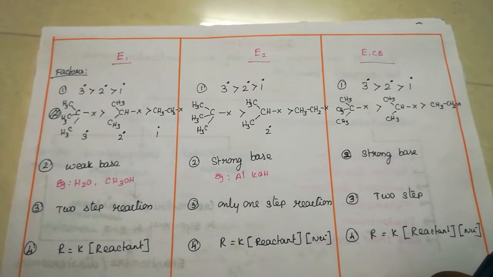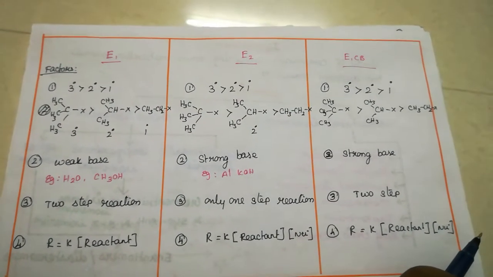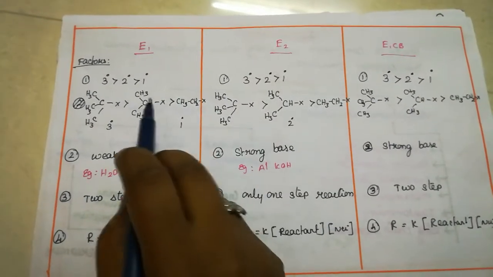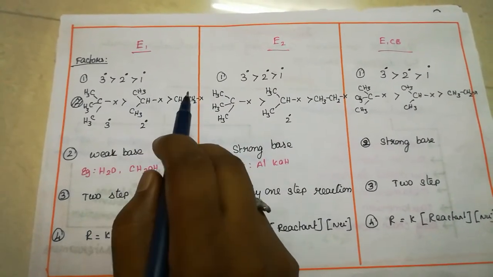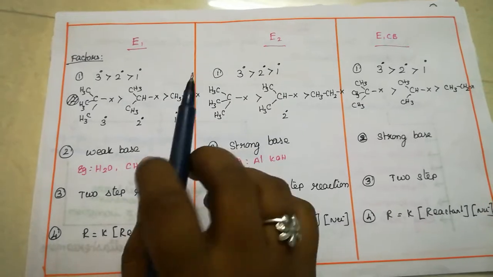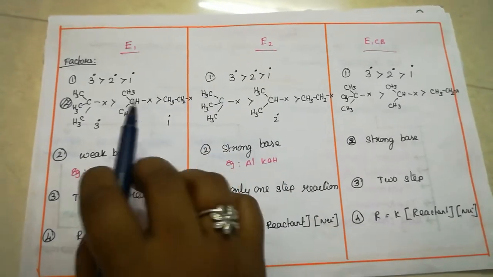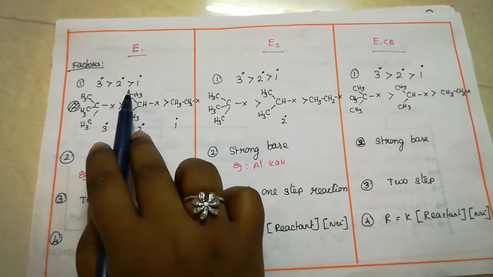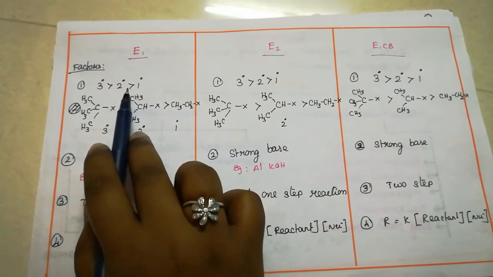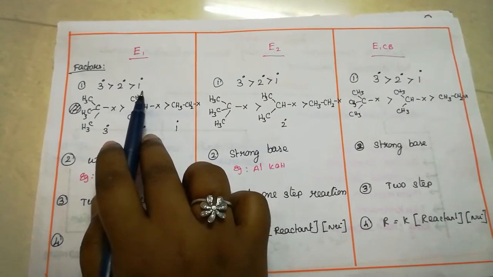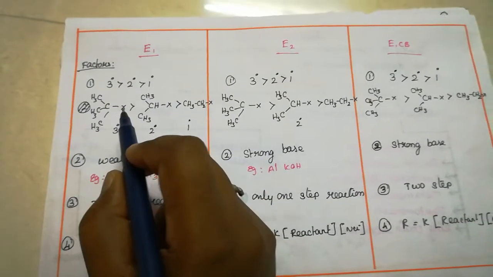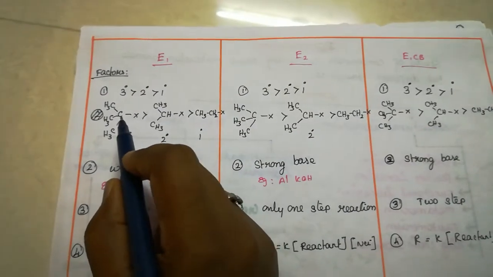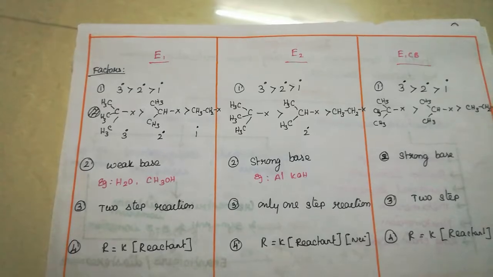First, we have to list out the factors. The first factor is similar in all. The most important factor: tertiary alkyl halide is more preferred than secondary, and secondary is more preferred than primary. Here there is no hydrogen on this carbon.